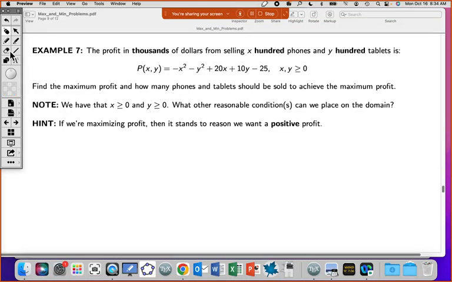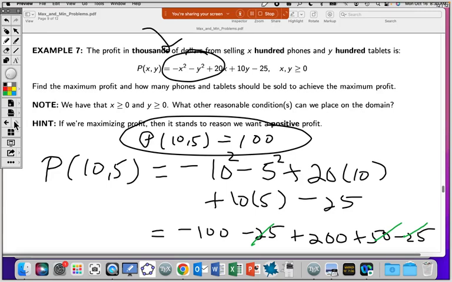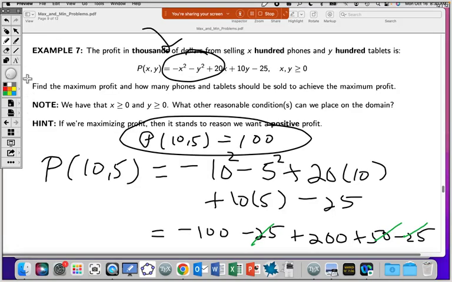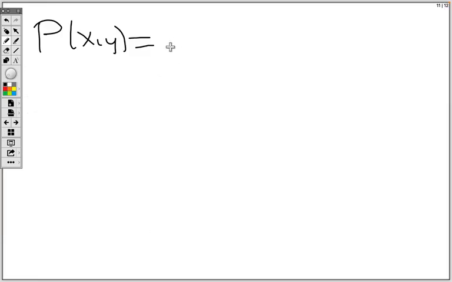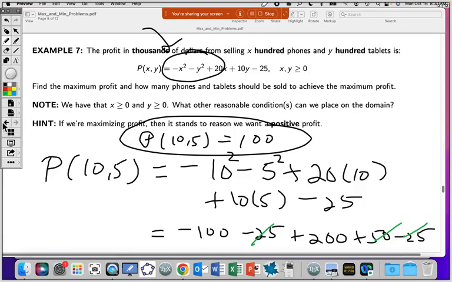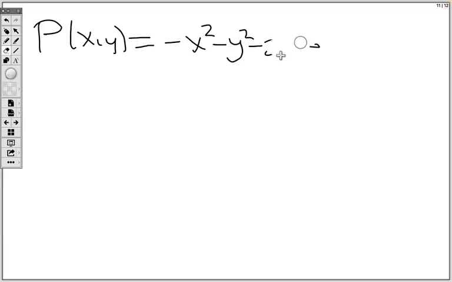So our P of XY is minus X squared minus Y squared plus 20x plus 10y minus 25. Not 2y.